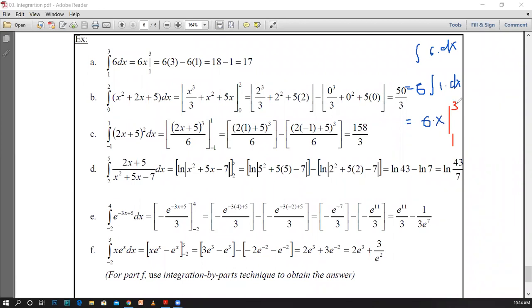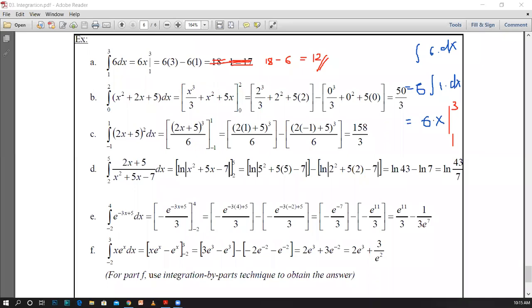Once you substitute 3 in this function, you will get 6 times 3, then minus, then substitute the lower limit, it is 6 times 1. 6 times 3 minus 6 times 1 gives you 18 minus 6. The calculation should be correct in this form. It is 18, then 6 into 1 is 6, then the final value is given as 12.